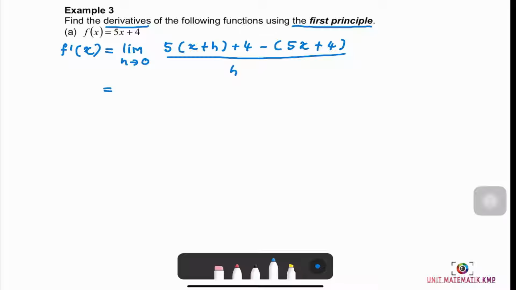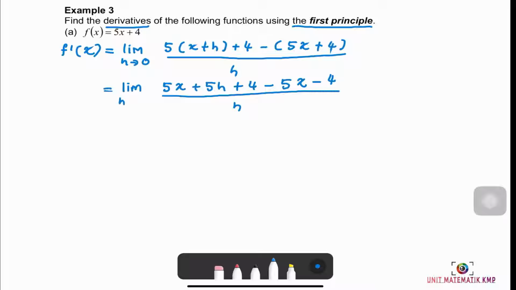Next, we expand this one. We will have the limit of 5x plus 5h plus 4 minus 5x minus 4 over h when h approaches 0.